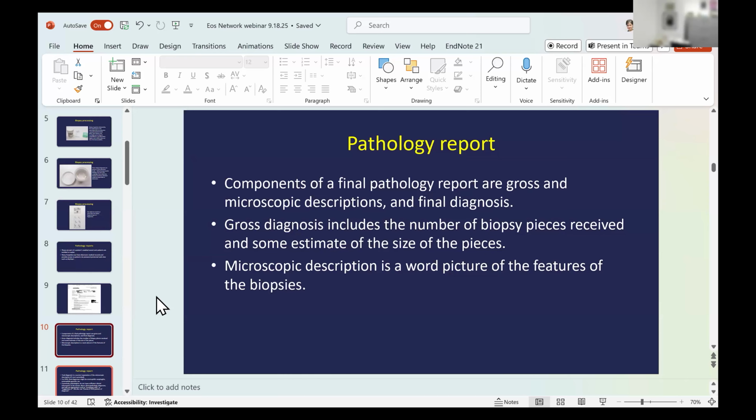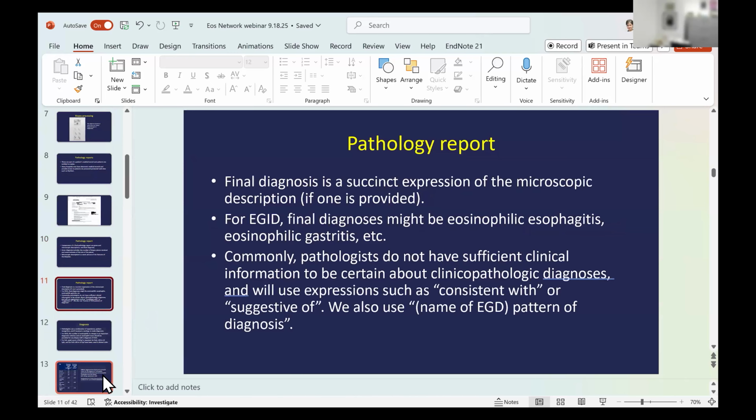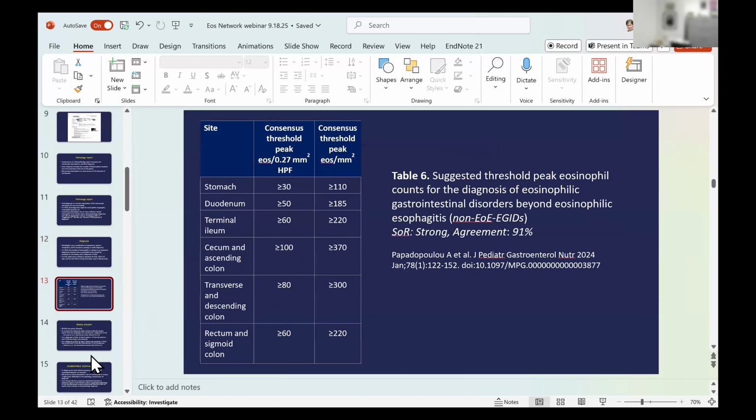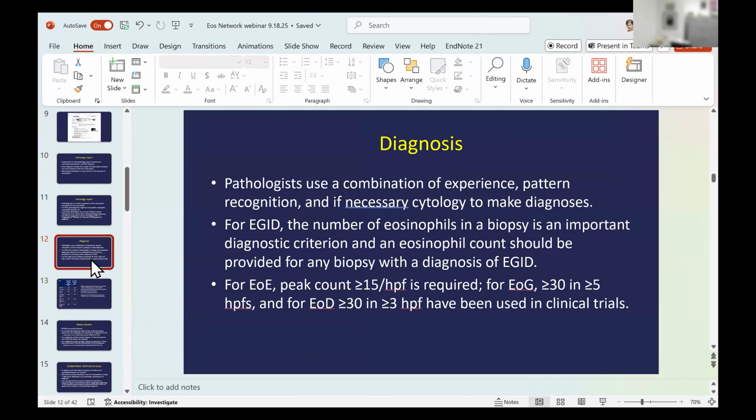And microscopic descriptions, that's a word picture of what the pathologist has seen on the slide. And so the final diagnosis is what we just alluded to, and we use a combination of experience and pattern recognition, and sometimes cytology in the sense of a particular cell type.